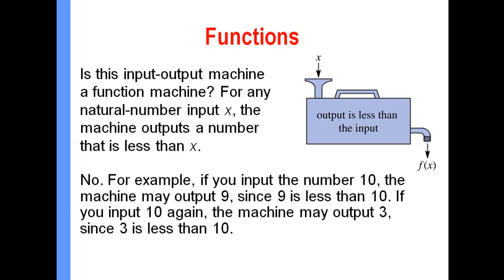Okay, this would not be an example of a function, because if we put in the number 10, then the output has to be a number less than 10. So the output could be 9, could be 8, 7, 6. It could be anything less than 10. So we provide a specific input, 10, but it could give us different outputs.